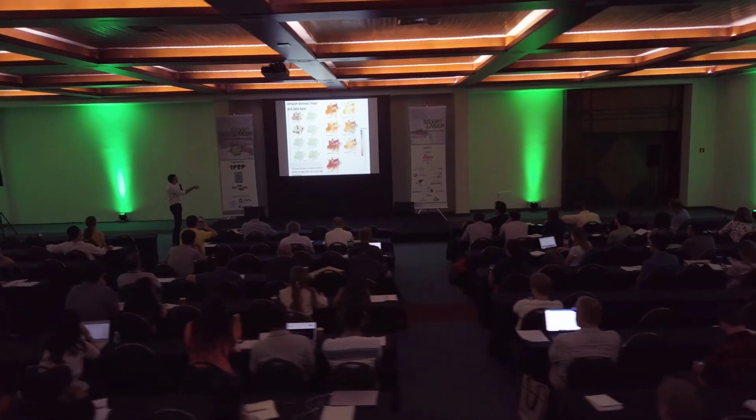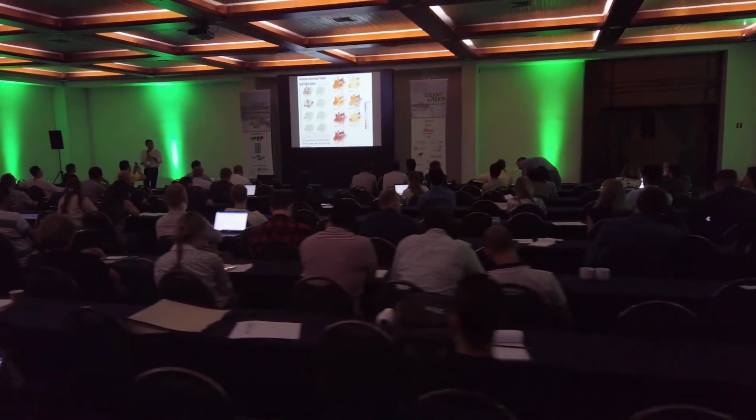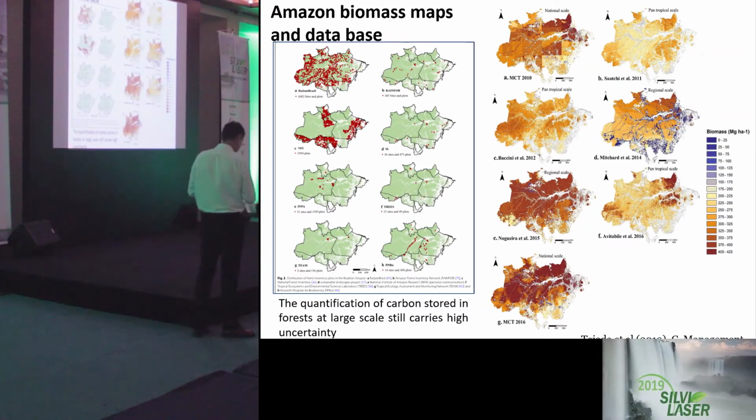This is a follow-up of previous work where we showed that we need at least information in terms of a map that can be of a certain homogeneity for a decision maker, for instance, for a national inventory of greenhouse gas emissions. So that was part of the motivation for this.